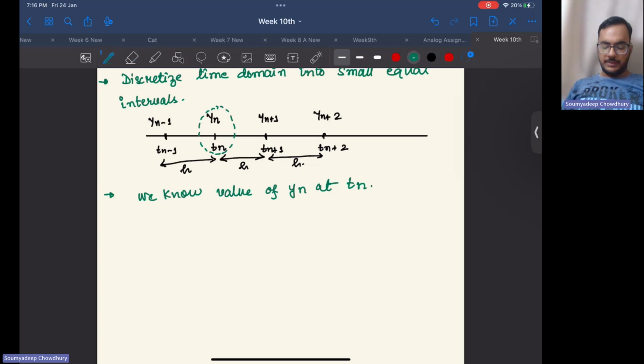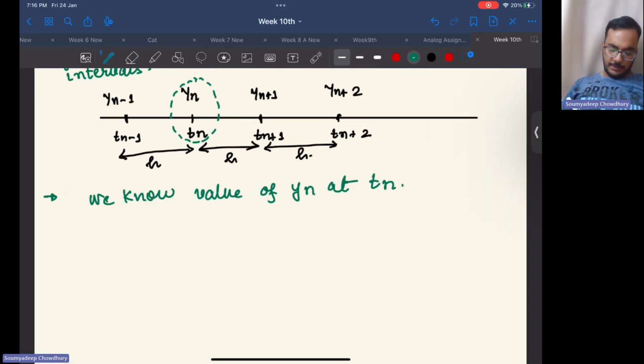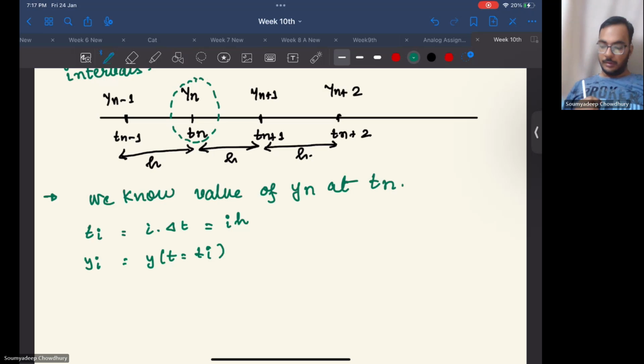So how can I describe the different time steps? We can write a generalized expression like ti equal to i into delta t. I am telling it is starting from the left side, so i will be 0 there. So ti is 0, suppose. Then we have 0 plus h, and like this we will move. So ti equal to i into h. And we have the value of y here, which is y at t equals ti, right?